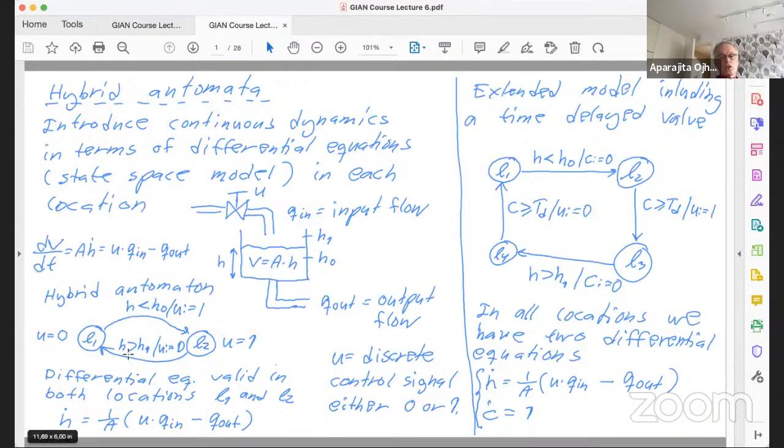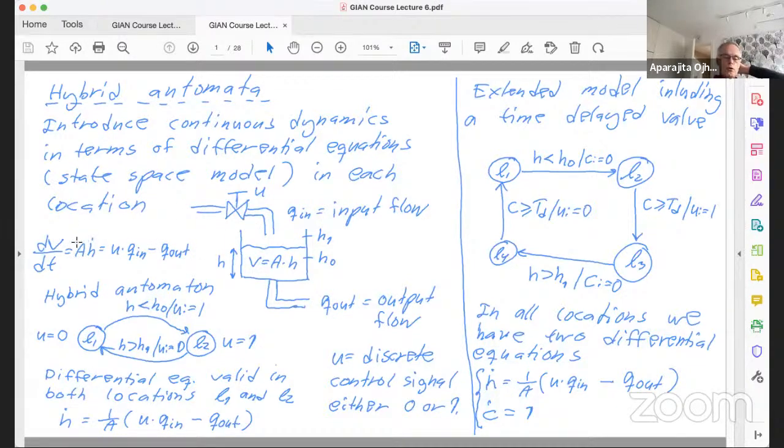And when H crosses the border H1, then the event H up is happening. But now I would like to describe even the continuous behavior to get a more complete model.